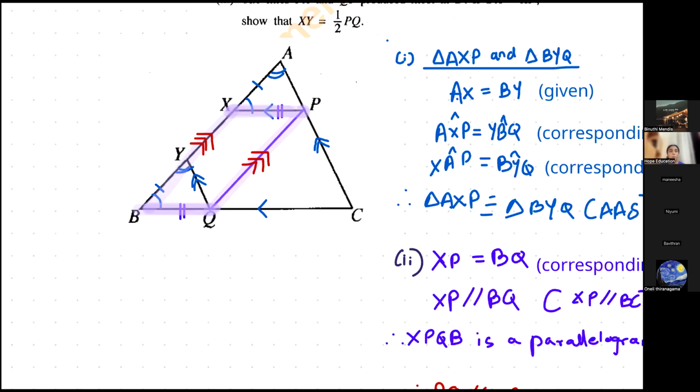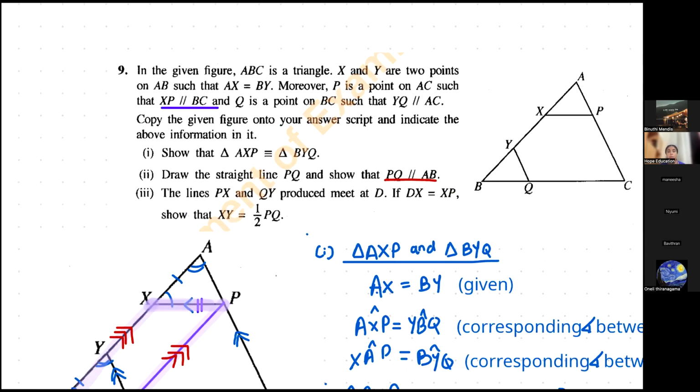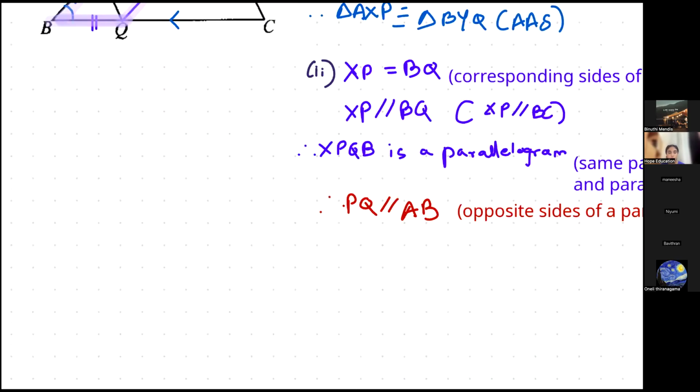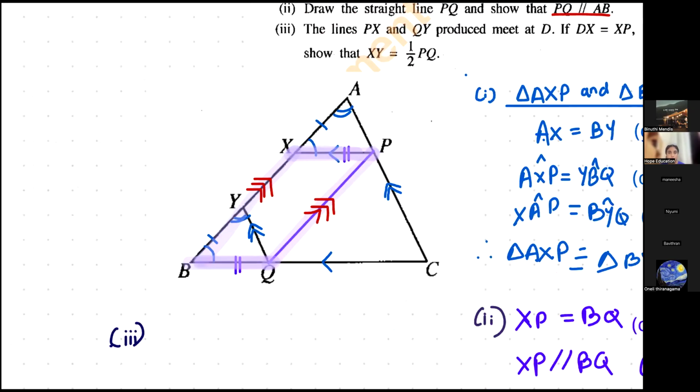Now let's move on to Roman number 3. The lines PX and QY produced meet at D. Let me first mark Roman number 3. I will erase this highlighted part.